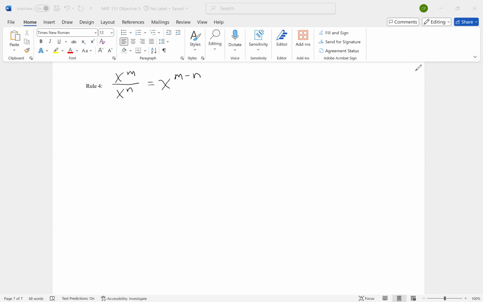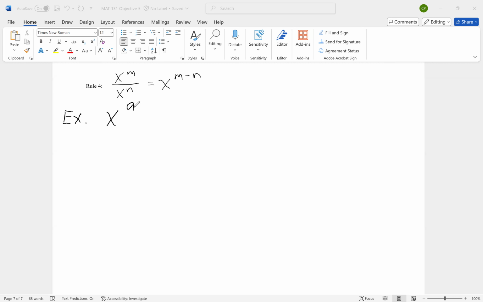For rule number 4, this is when we have a fraction involved, okay? So if we have x to the m over x to the n, we will subtract those exponents, okay? And there's also another way that we can look at this.